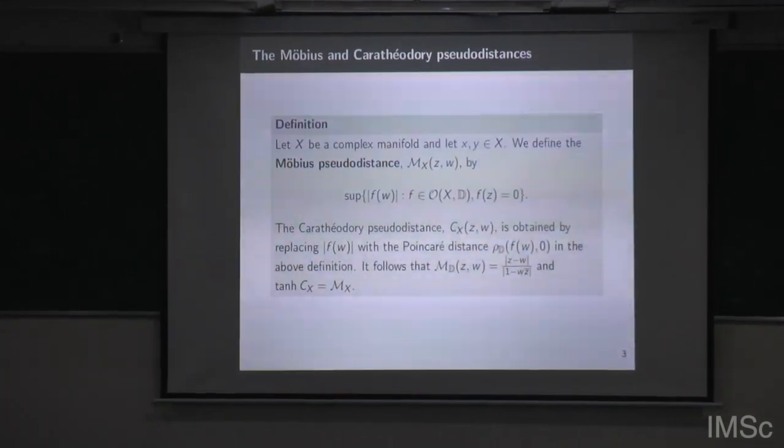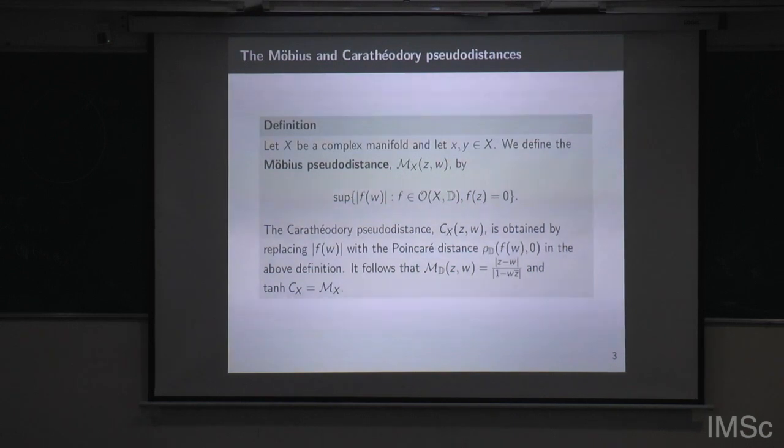why is it not infinite? The reason is I have normalized it so that when I am taking the supremum, the second coordinate always goes to 0. So what happens is, say there is a sequence such that supremum rho d f of w 0 goes to infinity. That cannot happen because this sequence will either have a convergent subsequence or a compactly divergent subsequence, but it cannot have a compactly divergent subsequence because f of z is always 0.